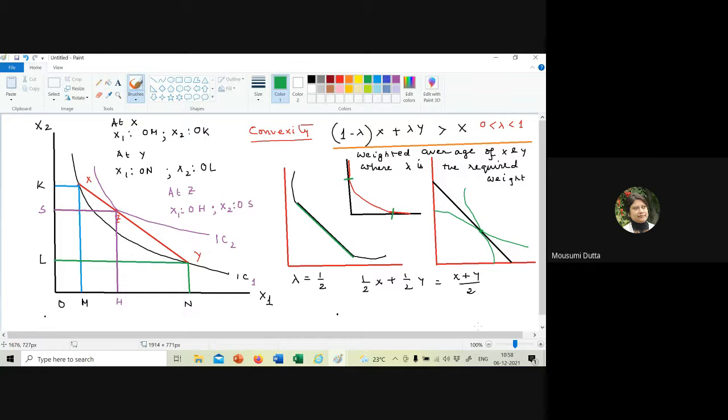Any question here about the idea of strict convexity? Can you repeat the third point? There should not be any straight line. They should not intersect. And what is the other point? We should not consider an indifference curve which has a straight line stretch, or which does not cut any of the axes, or which is a straight line.